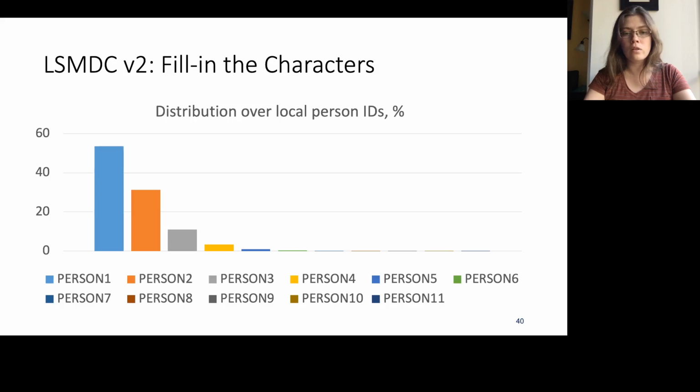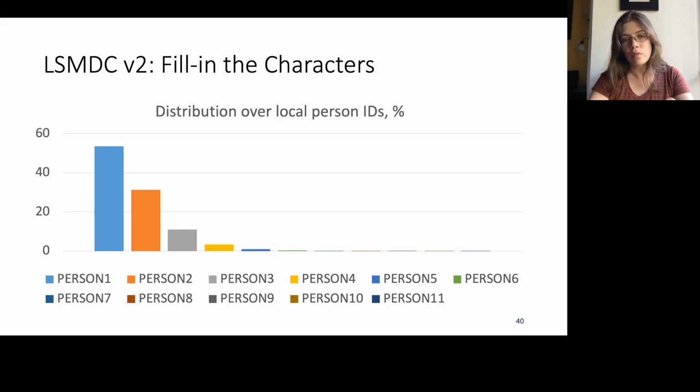As one would expect, there are few unique characters which would be mentioned in this time scope of 5 clips. So person 1, 2, 3, and 4 tend to dominate this, and then it's less likely that there will be person 5, 6, or more within that time frame. But this still poses interesting challenges as to how to correctly match these blanks, or when not to match.